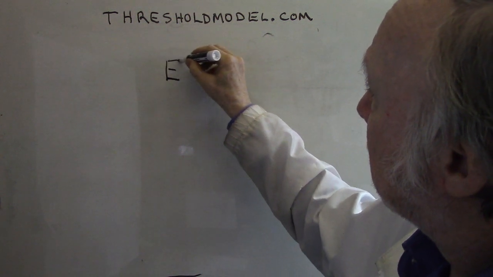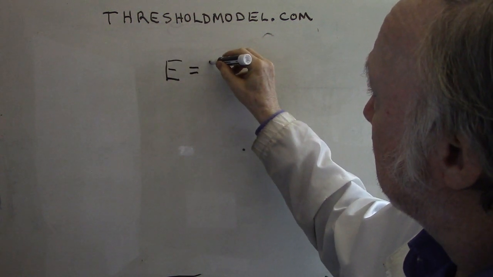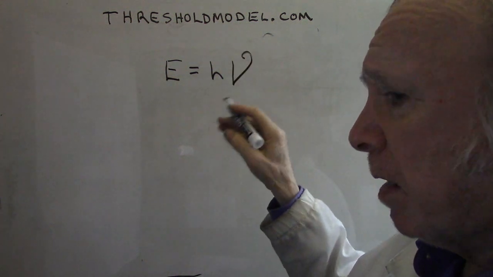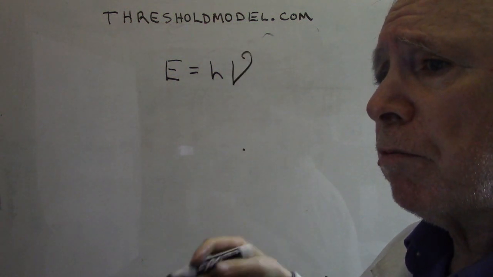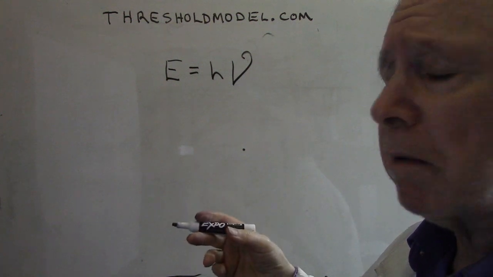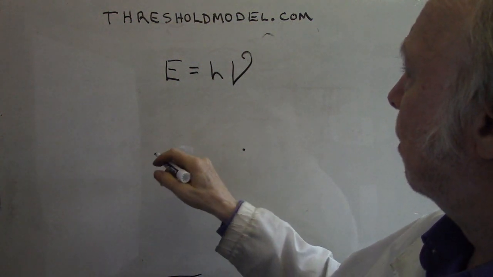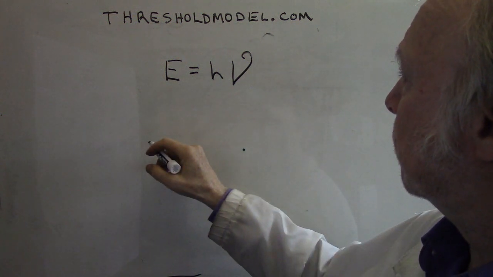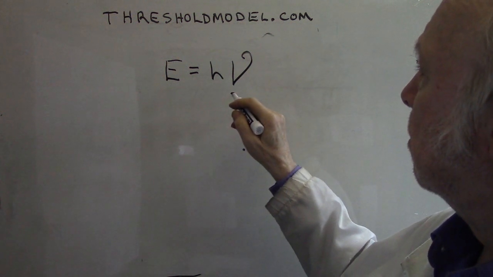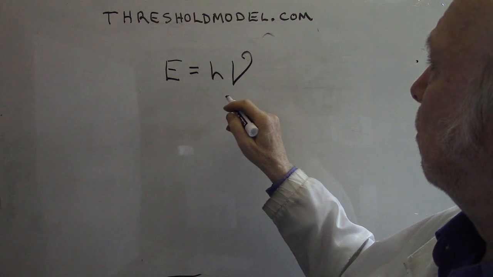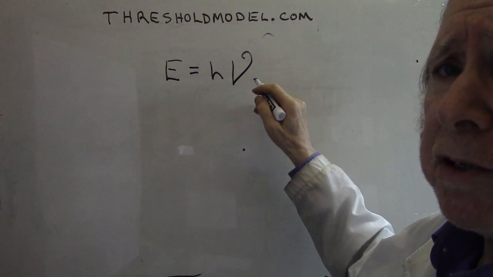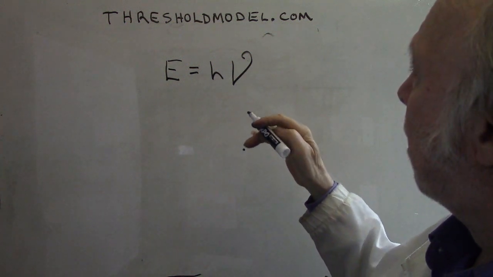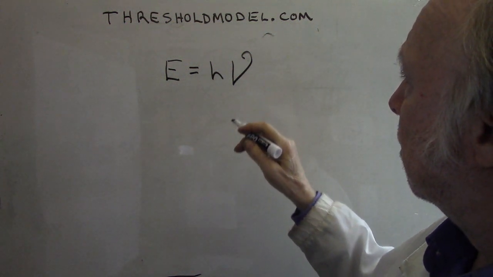He used that energy is proportional to frequency in an algorithm to generate the black body distribution over frequency. So they use this funny letter nu, so I'll use it in honor of Planck, which is frequency.